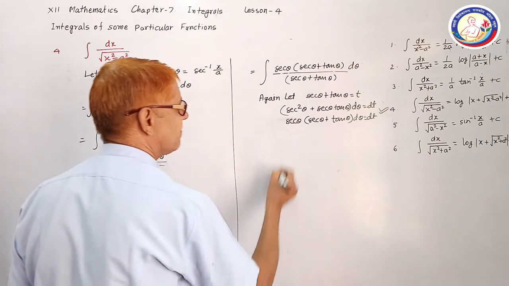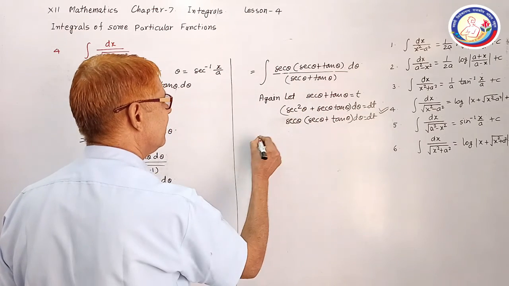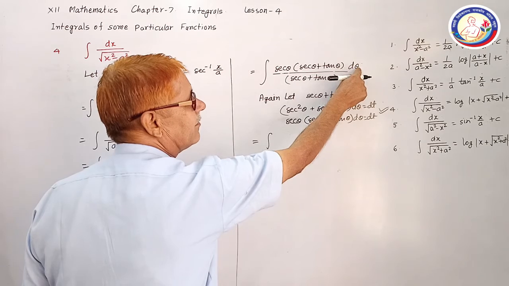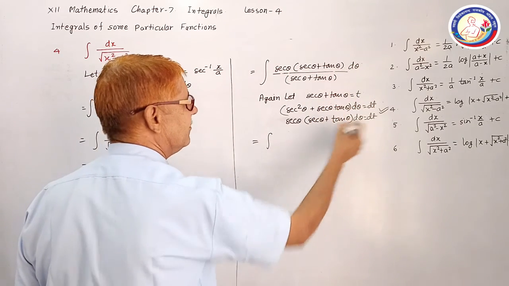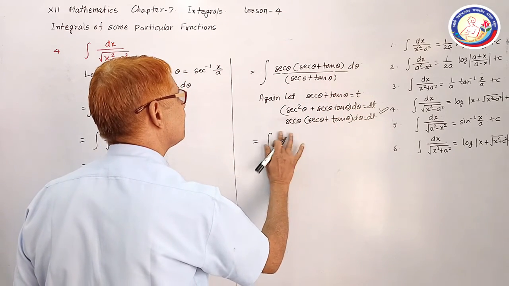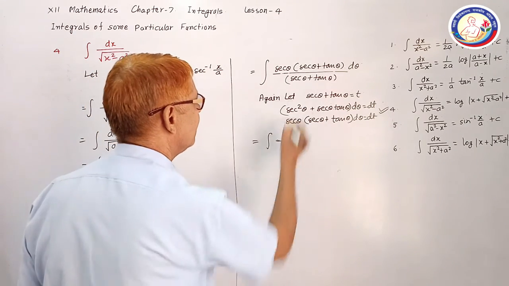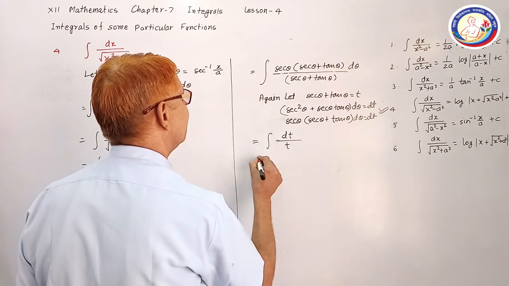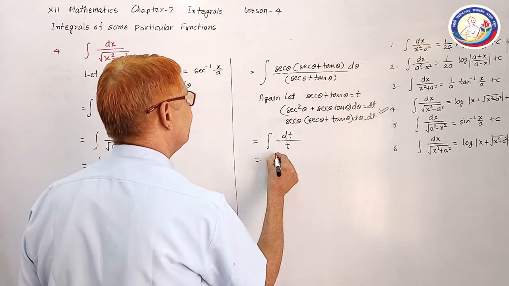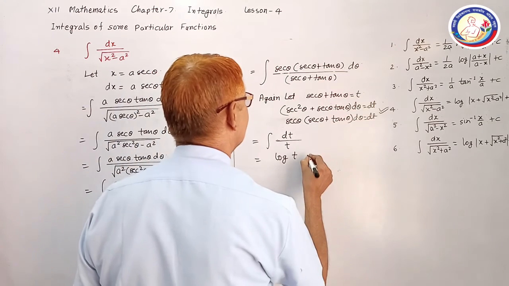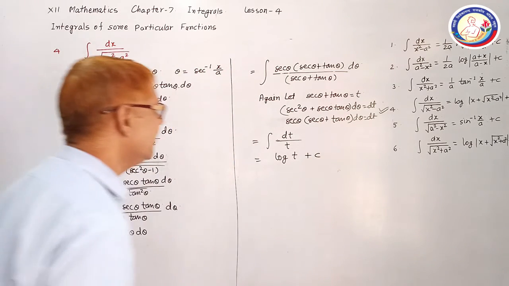These are equal. Now put this here, we will get sec theta into sec theta plus tan theta into d theta. For this we will write dt divided by this is t. Now integrate it. It will be log t plus c.